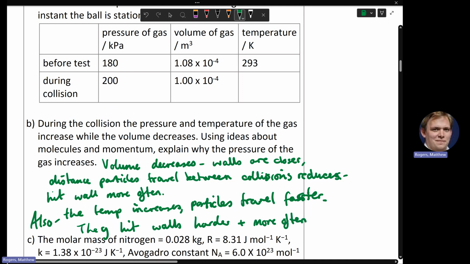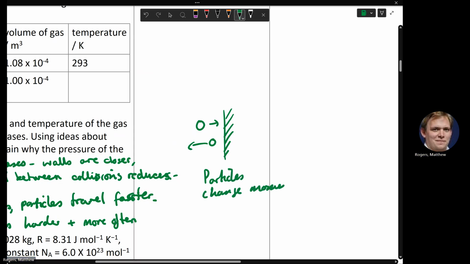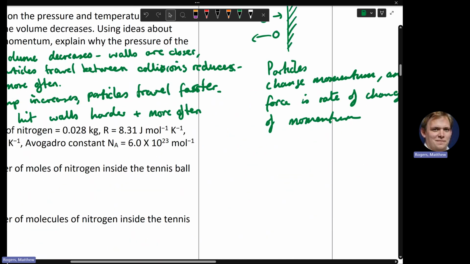It mentions using ideas about molecules and momentum, so it would have probably been good to have in there the idea that when a particle bounces off the wall, we get a change in the particle's momentum, and force is rate of change of momentum. That would have completed our description.